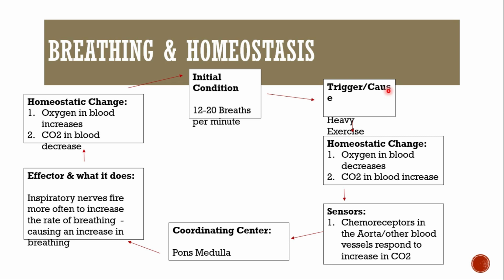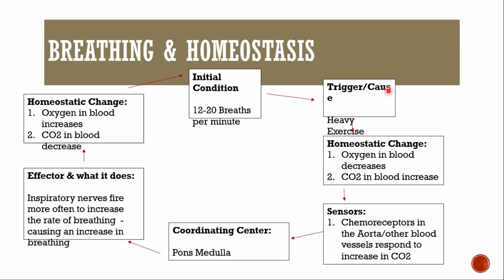So, for breathing and homeostasis, the homeostatic change is that oxygen in blood increases and carbon dioxide in blood decreases. The initial condition is 12 to 20 breaths per minute, but with heavy exercise the workload brings more oxygen inside.